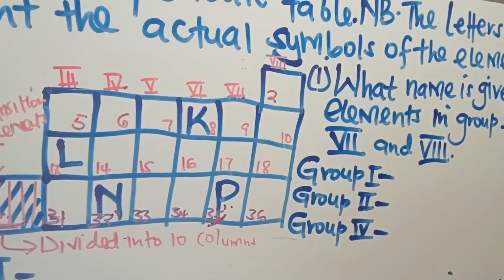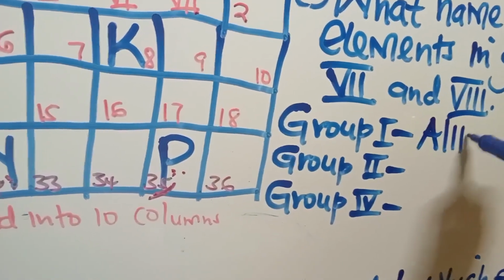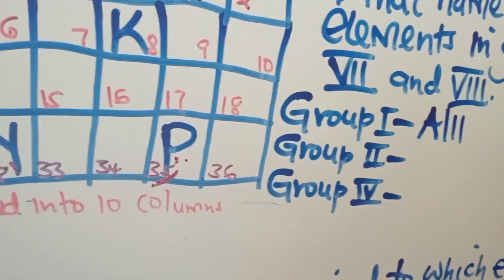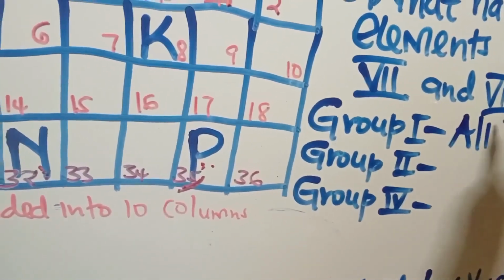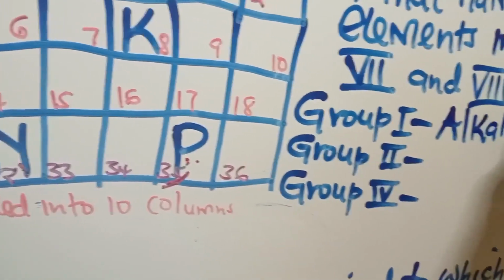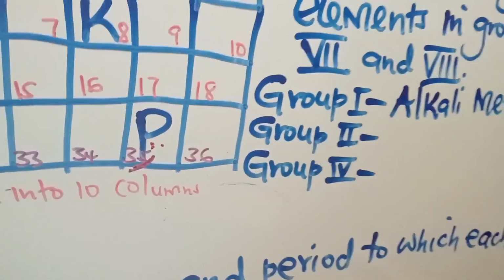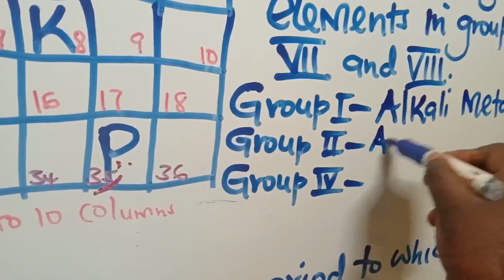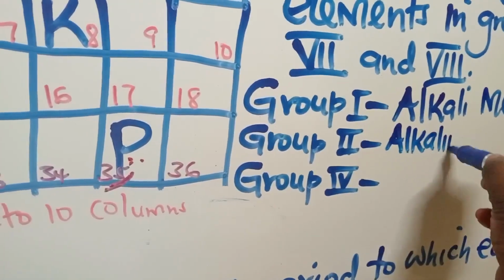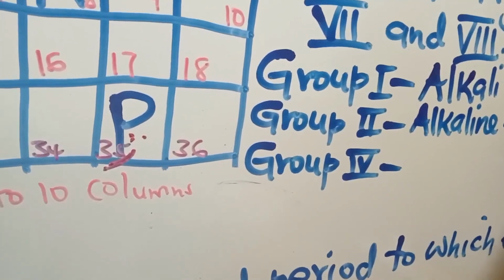Group 1 elements are known as the alkali metals. Group 2, they are known as the alkaline earth metals.